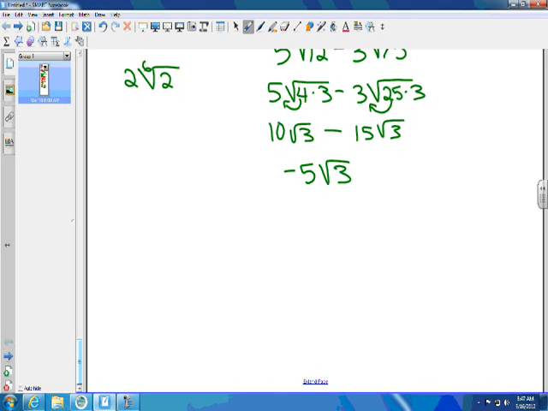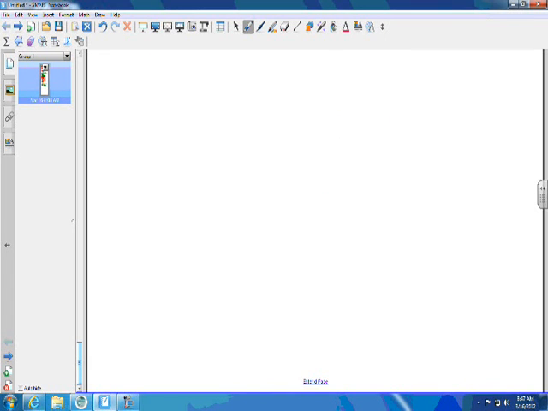43. What kind of problem is that? It is a FOIL. That is a FOIL problem. What was the first square root? 8? Plus square root 12.